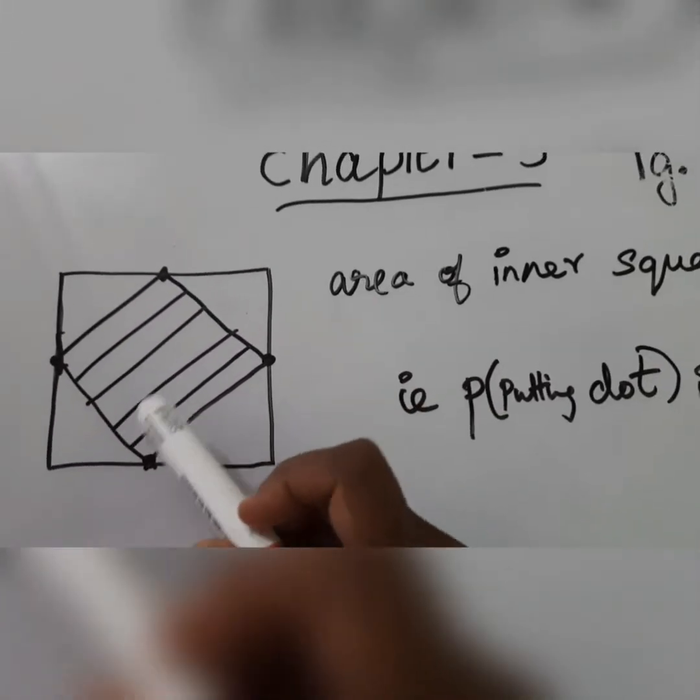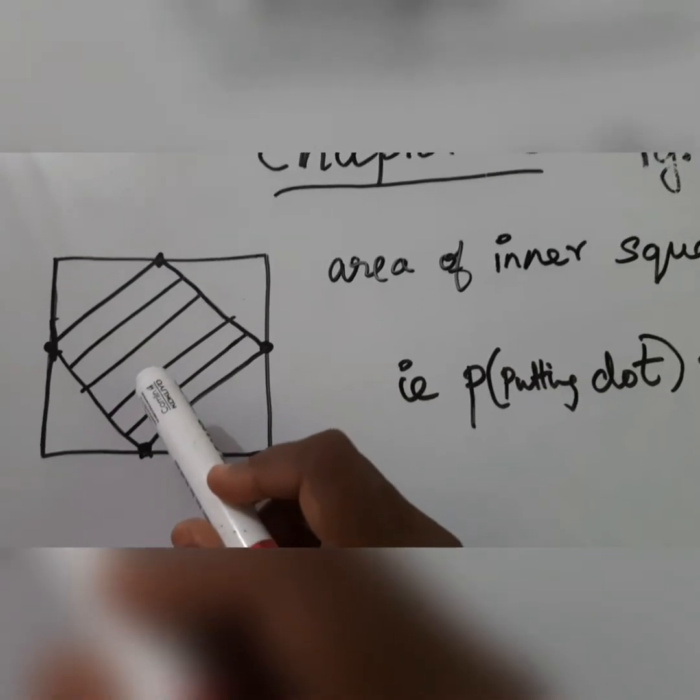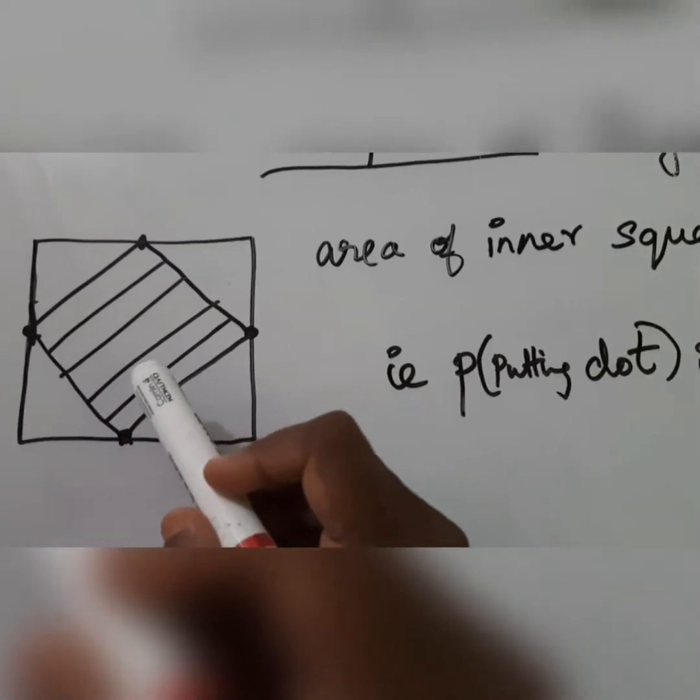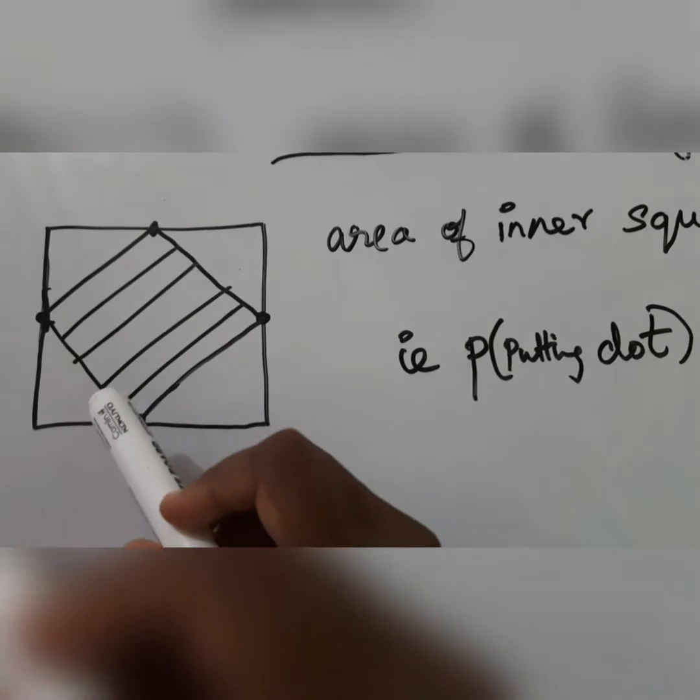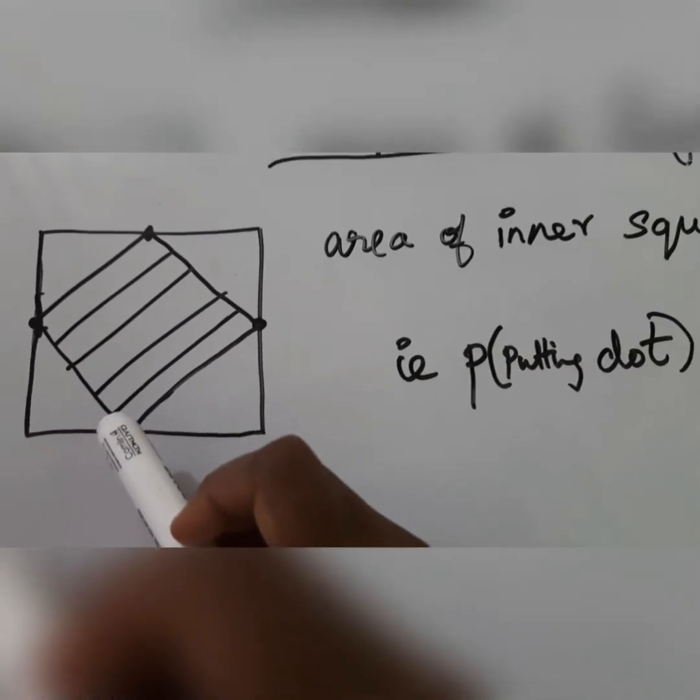We can find the probability in 3 ways. If we know any theory related to this picture, we can use that.